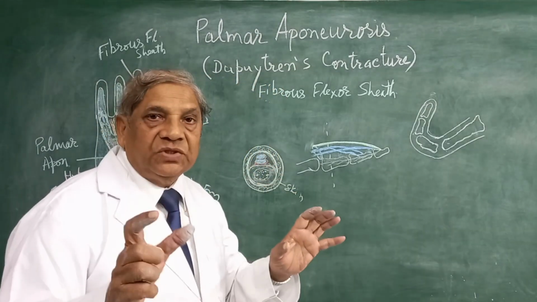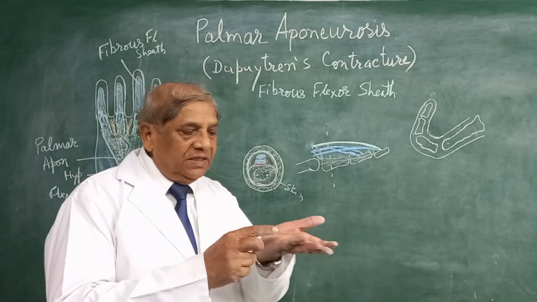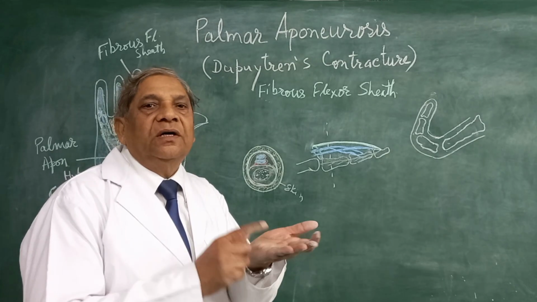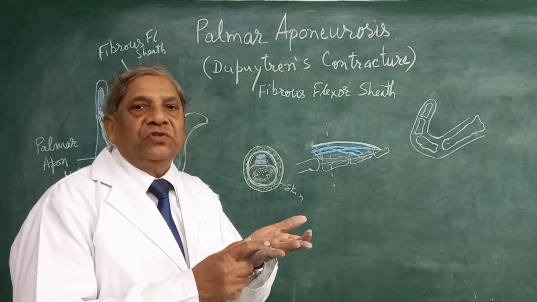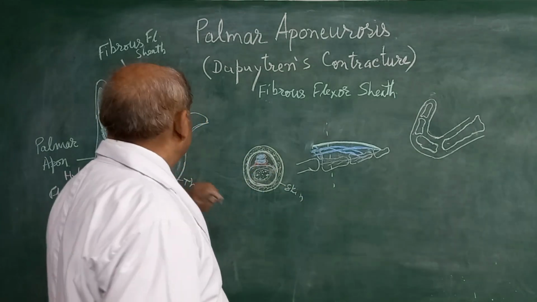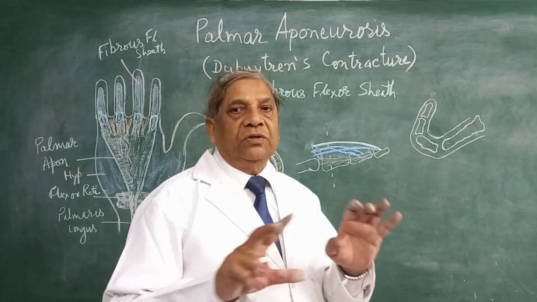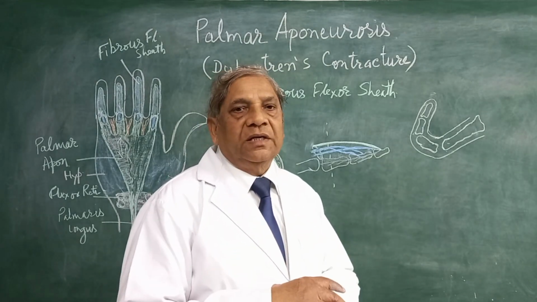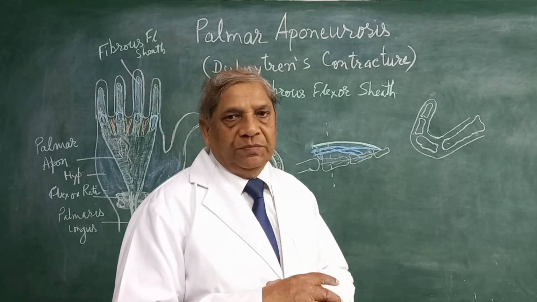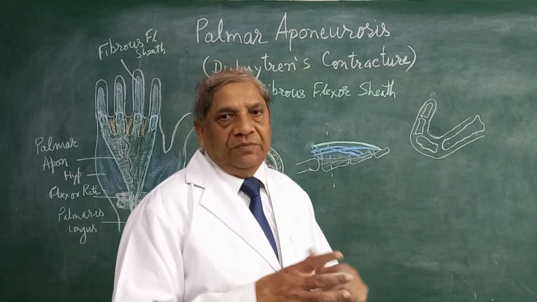Now the question comes that why there is a Dupuytren's contracture, why there is a shortening of the collagen fibers, which is forming the medial part of the Palmar aponeurosis. Okay, we don't know, the cause is not known, but it is associated, according to some people, with some systemic diseases like diabetes.